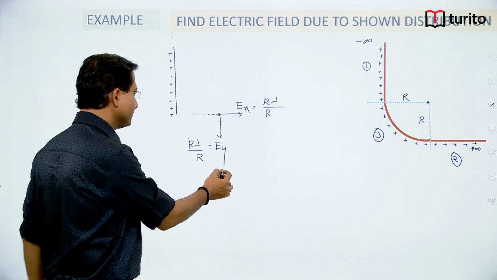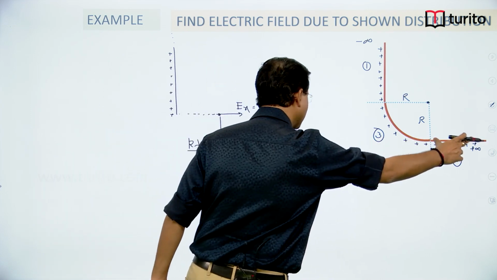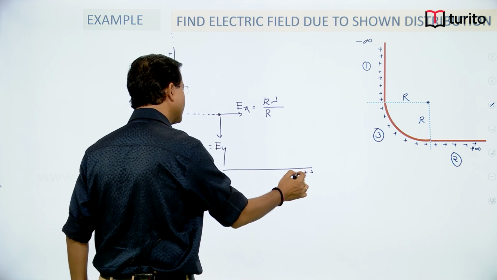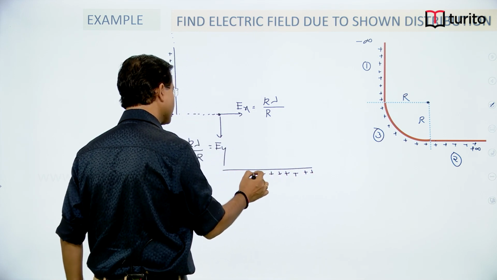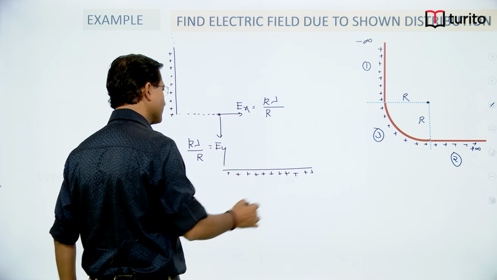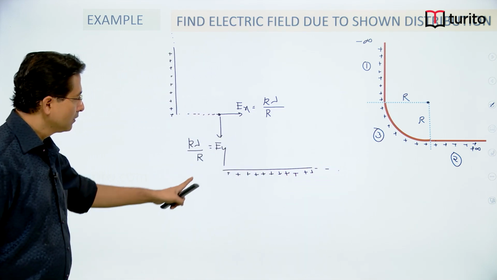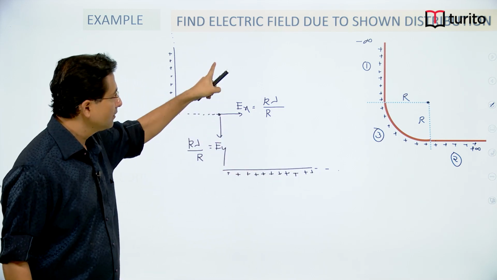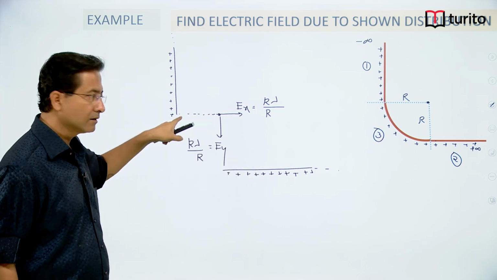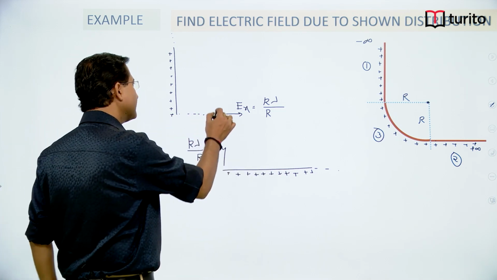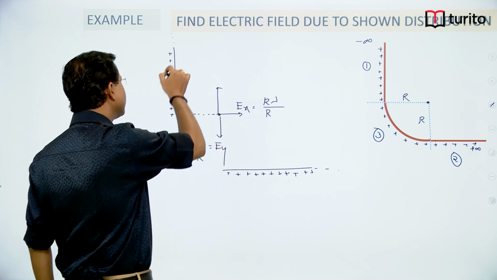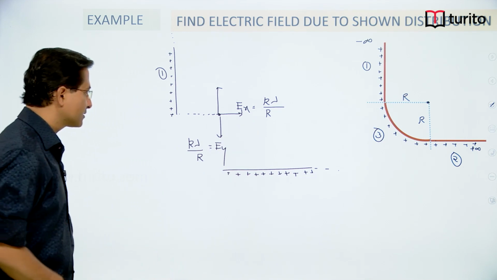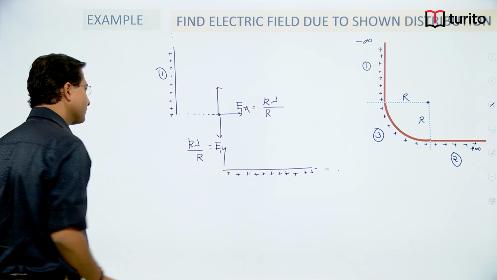If I take this segment which is going till infinity, this segment will have one x component away and one along. So away again the same way; let this be created by the first segment, I will call it E1x and E1y.